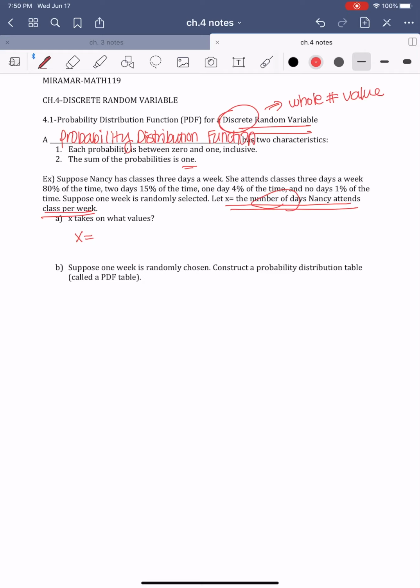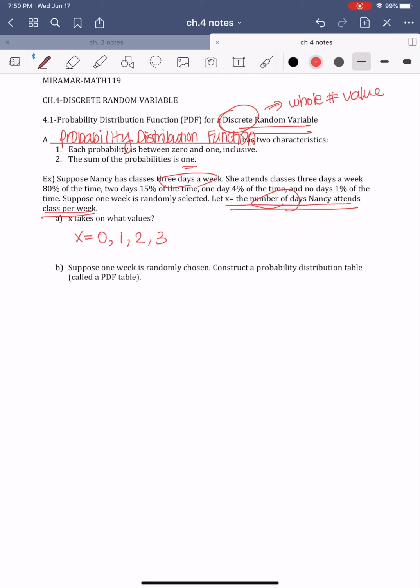Not categorical data, right? It's going to be numerical. Well, here she has classes 3 days a week. So the possible days that she can attend are 0 times, 1 time, 2 times, up to 3. And that's it. You cannot attend 4 days because the class holds a maximum of 3 days a week.